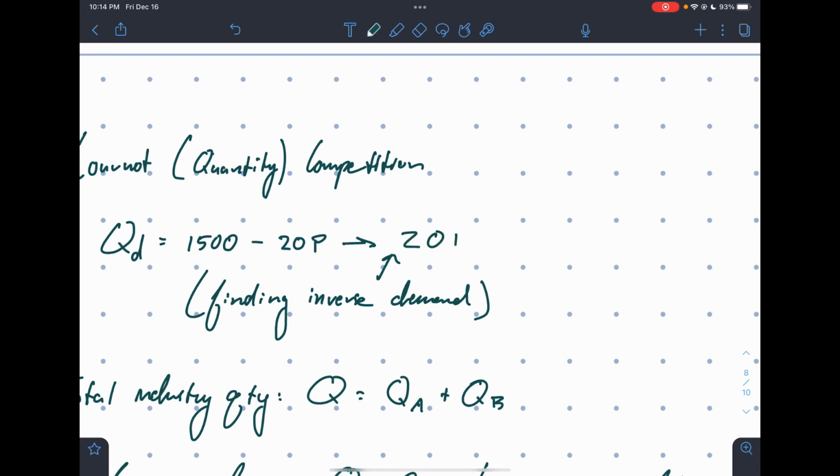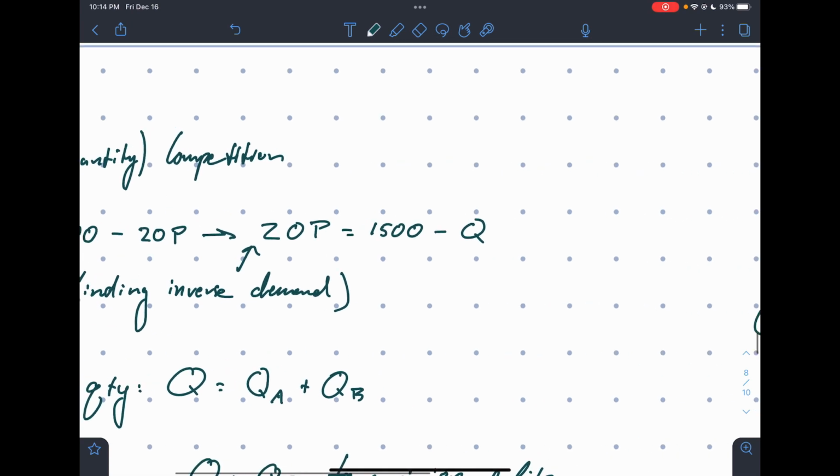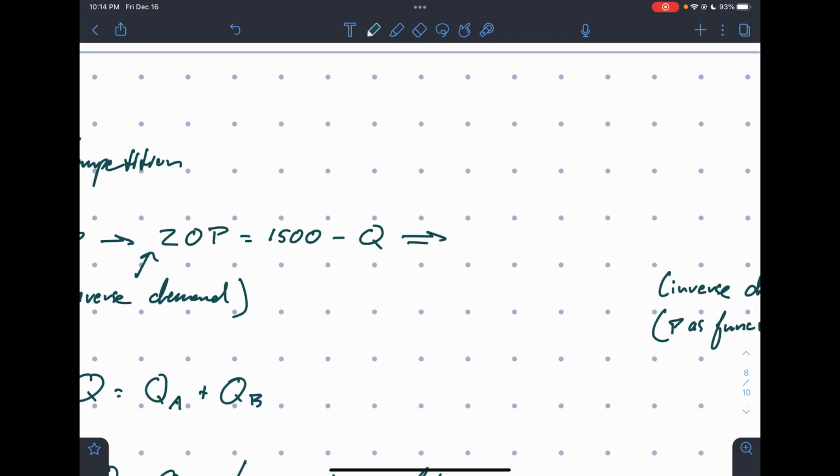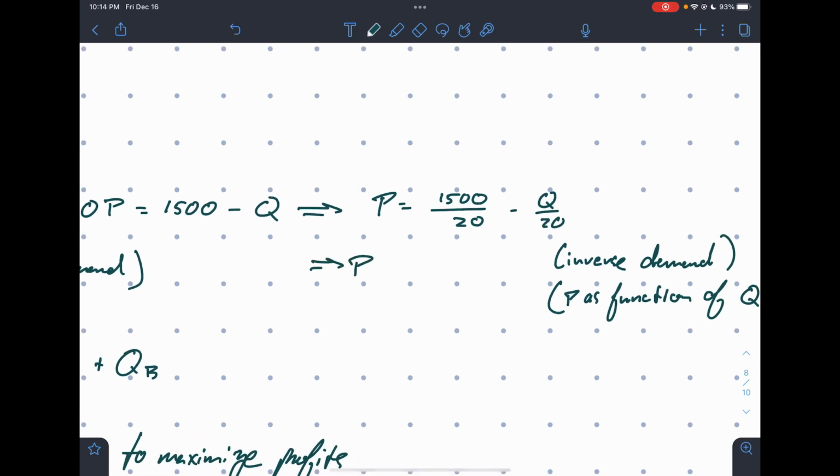I'm just going to rearrange this expression to solve for P as a function of Q. So I get 20P is 1500 minus Q. So this means that P is 1500 divided by 20 minus Q divided by 20. In other words, P is 75 minus Q over 20. So this is the inverse demand function.